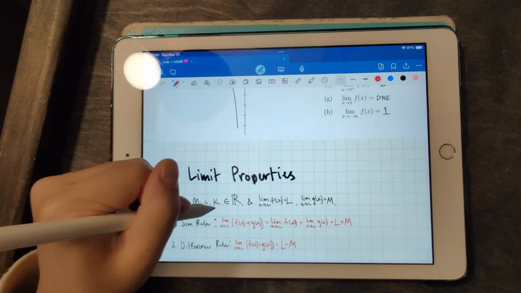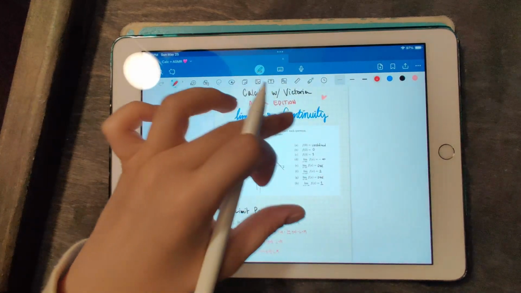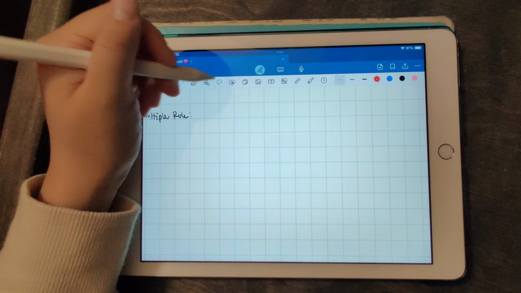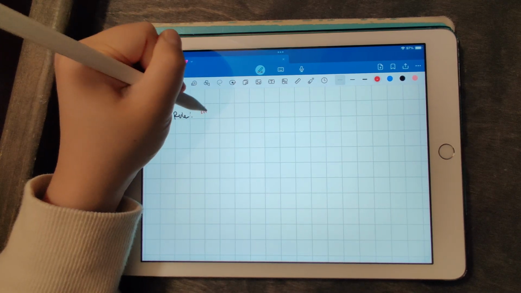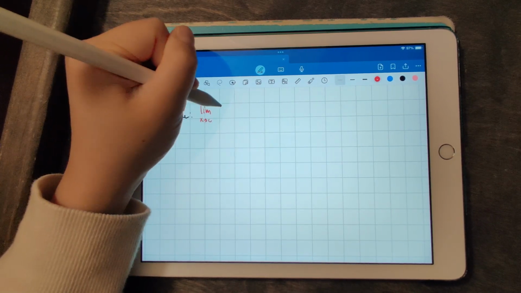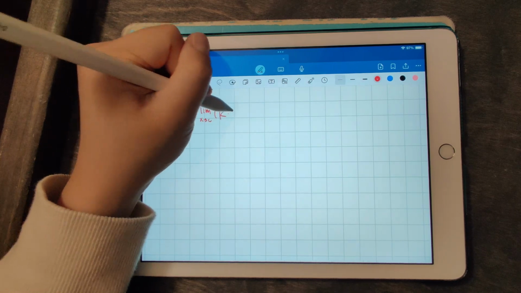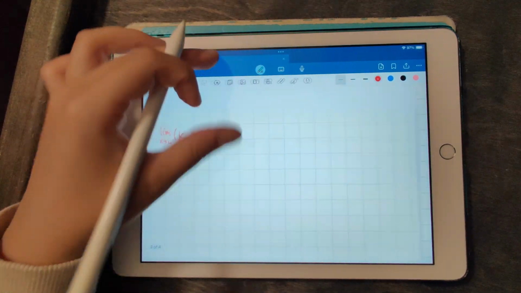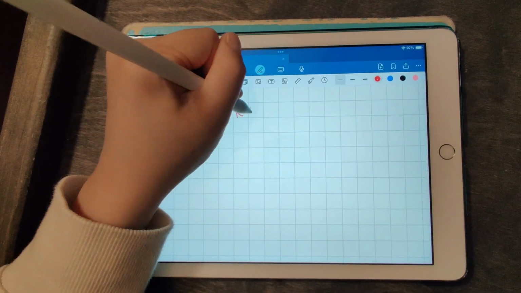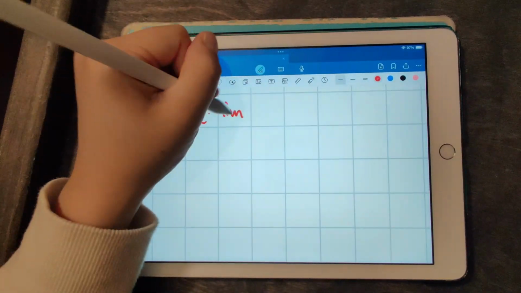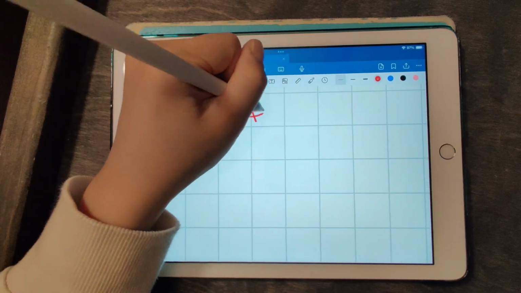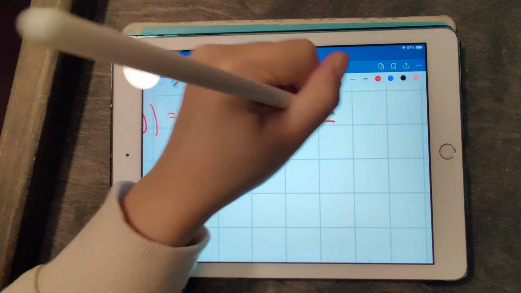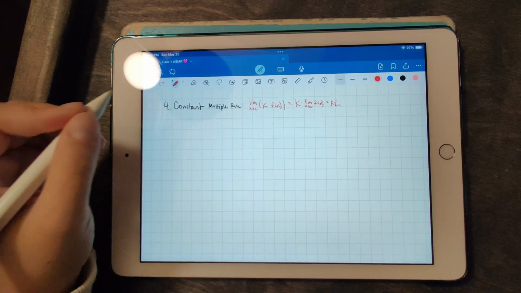Given that k is a constant, the limit as x approaches C of k times f of x is equal to k times the limit as x approaches C of f of x, which is equal to k times L.